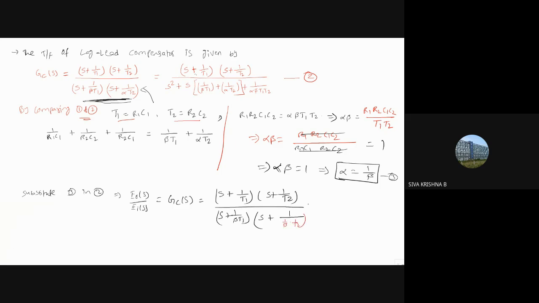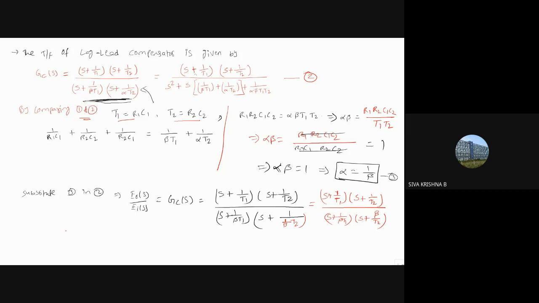So S plus 1 by beta into T2 becomes S plus beta by T2.